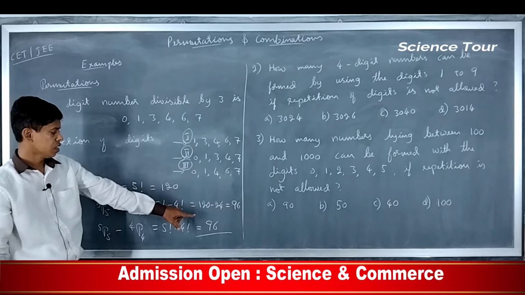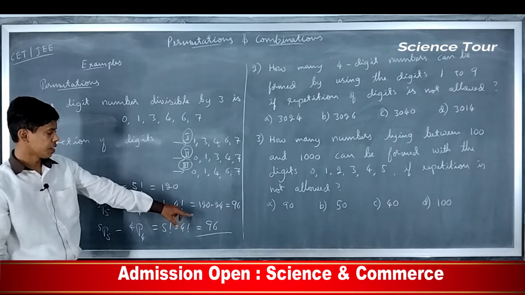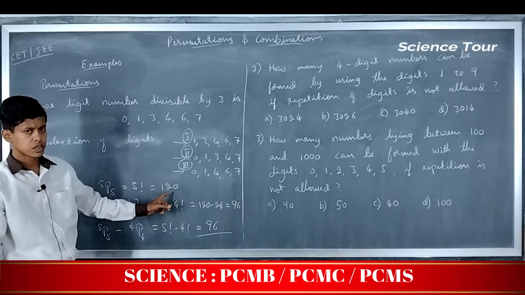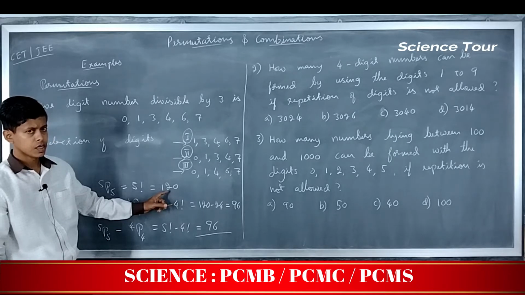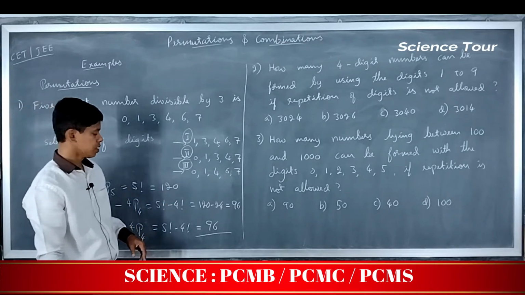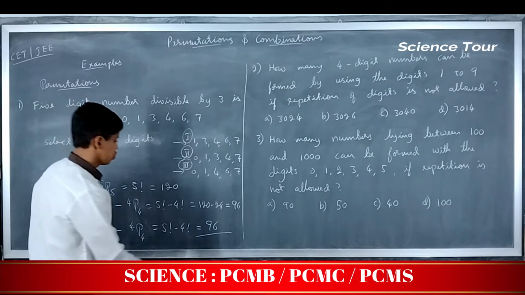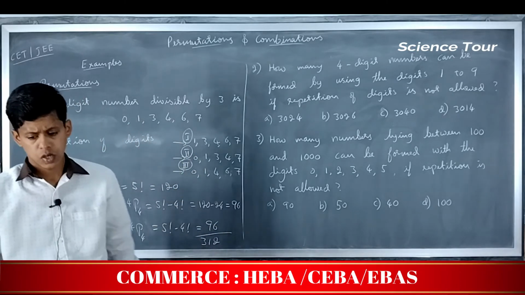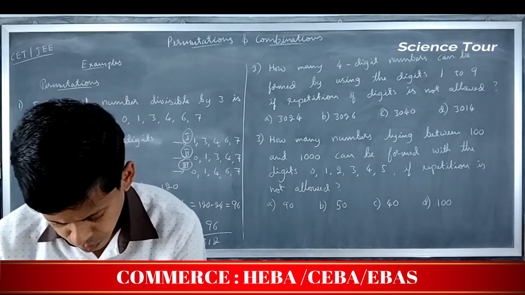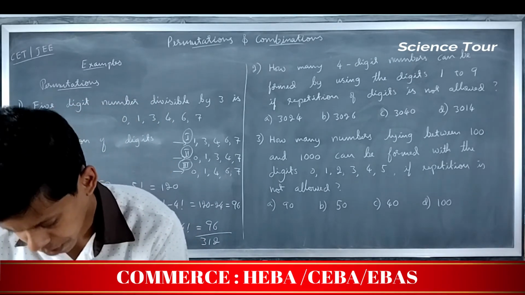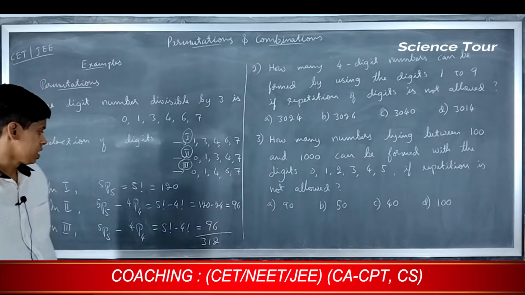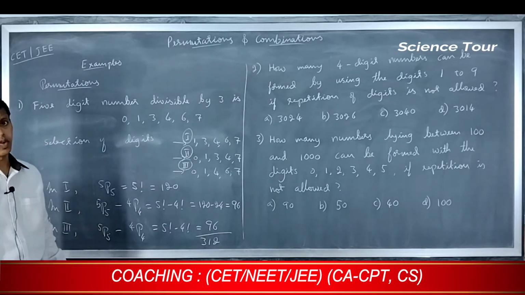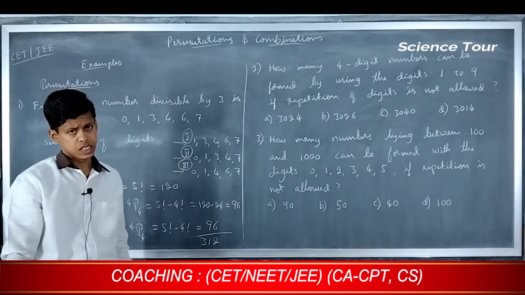So how much is that? 192 plus 120, right? That is 312. So 312, the first option, I suppose, correct? Right. So that is the first option, which is the answer for question number 1. So 312 is the answer.